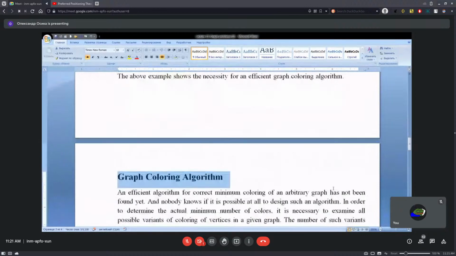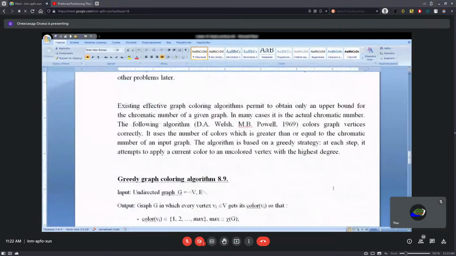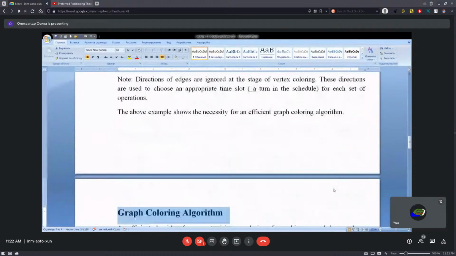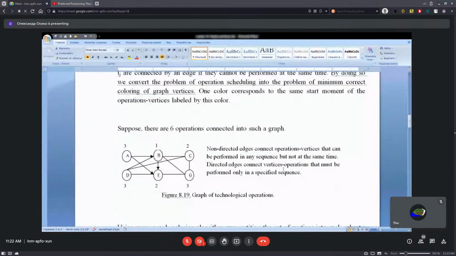This is a practically important problem. Like in this example, here we said that one of the possible applications of this algorithm is the problem of operation scheduling.